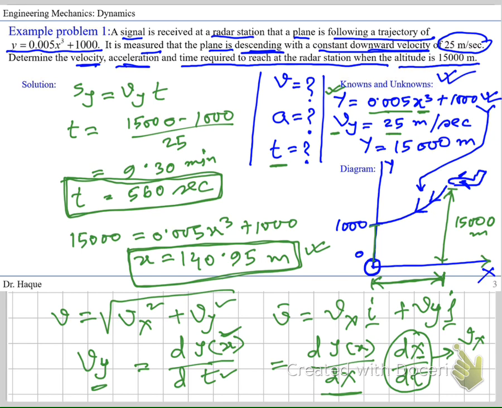So if we take the derivative of the y component, we see vy equals 0.005, because that's constant, and for x cubed we get 3x squared, and then we have the multiplication of vx from the previous slide.